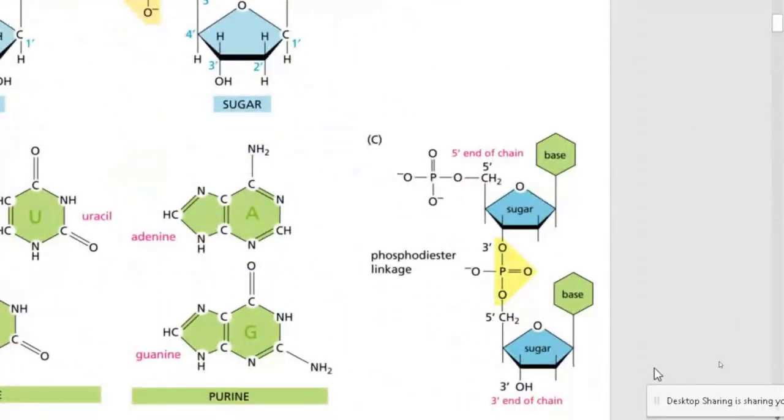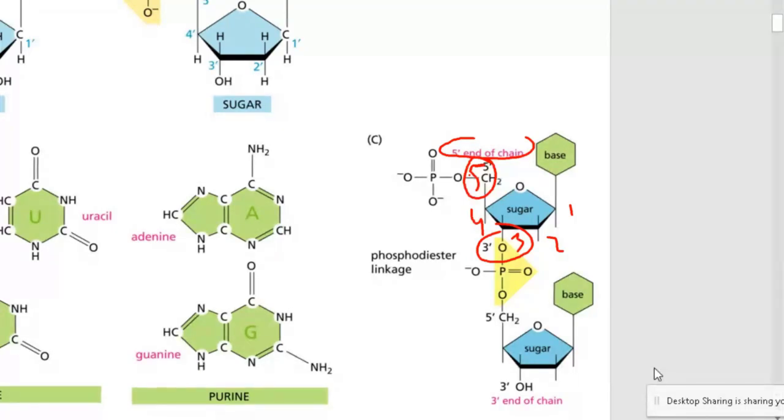If you look at a sugar molecule, it has 5 carbons, and we'll number them starting from 1, 2, 3, 4, 5. So we have 5 carbons in the sugar molecule. When we say 5 prime, it refers to the fifth carbon. When we say 3 prime, it refers to the third carbon of the sugar molecule.